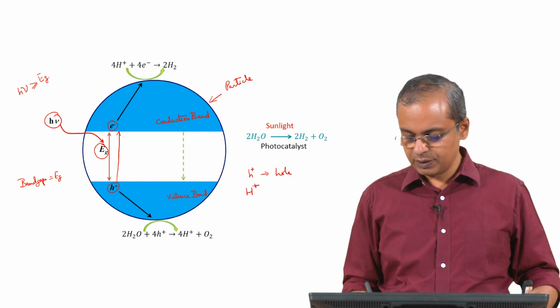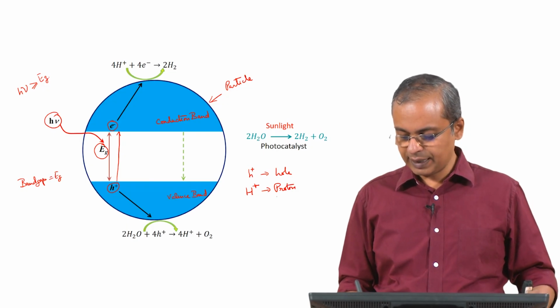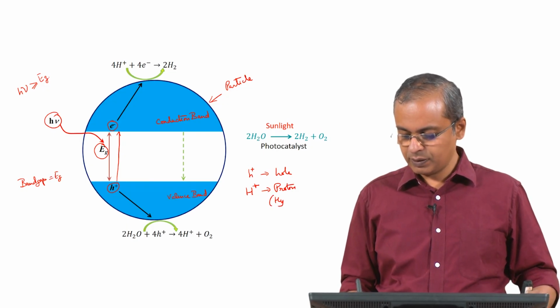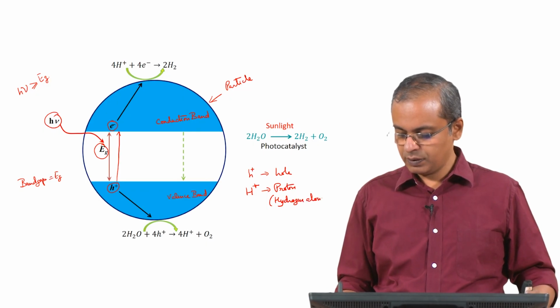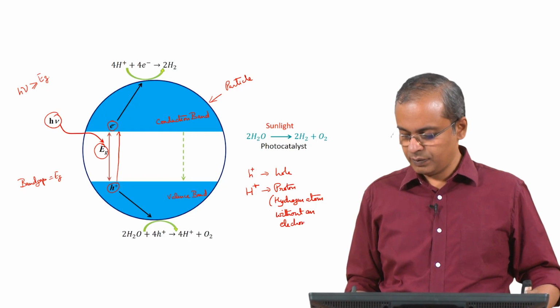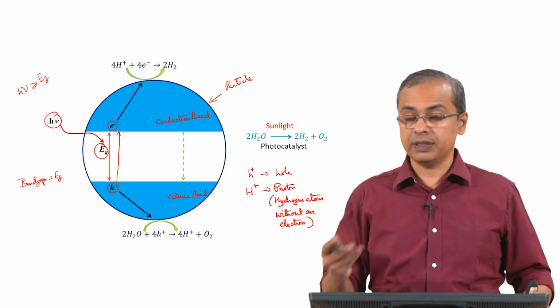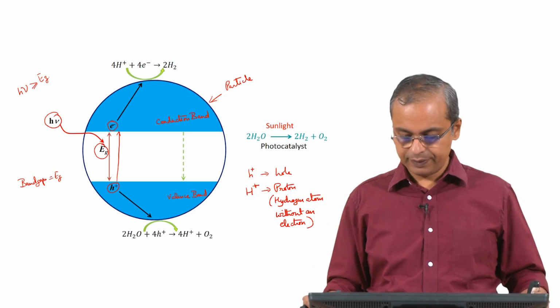Capital H plus is a proton, okay, hydrogen atom without its electron, right.